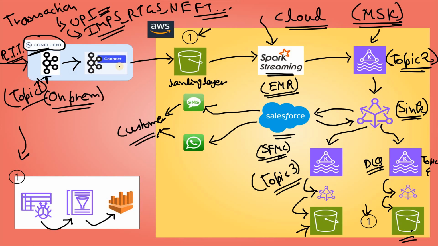So whenever our transaction data is getting landed from on-prem to cloud, here on top of landing layer we are having a glue crawler, and that is populating the catalog, and we were able to query the data using AWS Athena. Same goes for the response topic, same goes for the DLQ data also, which was getting landed in different S3 folders. So this is kind of our real-time data pipeline which was helping us in performing real-time marketing campaign.